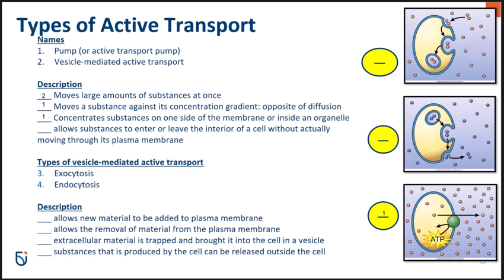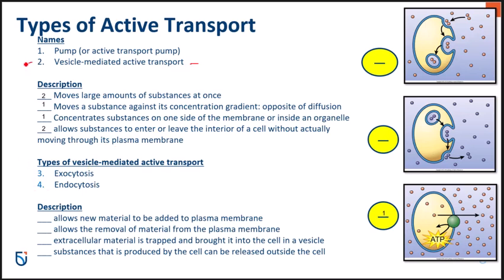So vesicle-mediated active transport, these are really like containers, like the vesicles are like containers that move substances, and substances can leave or they can come in via a vesicle, and we saw that on a previous image, but we'll look at two different types of vesicle-mediated transport.